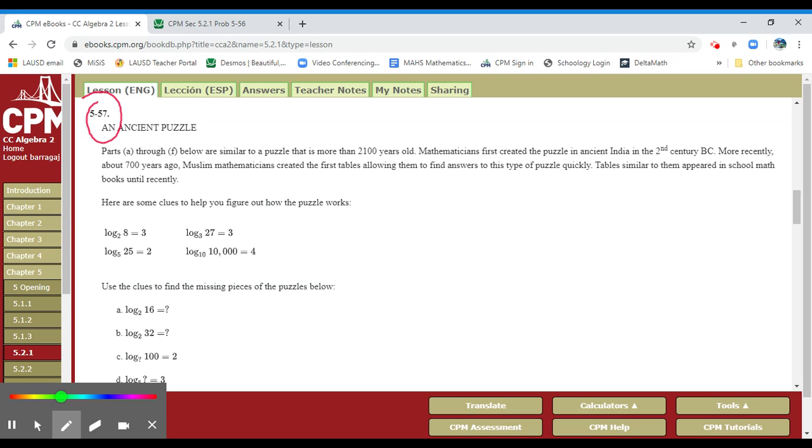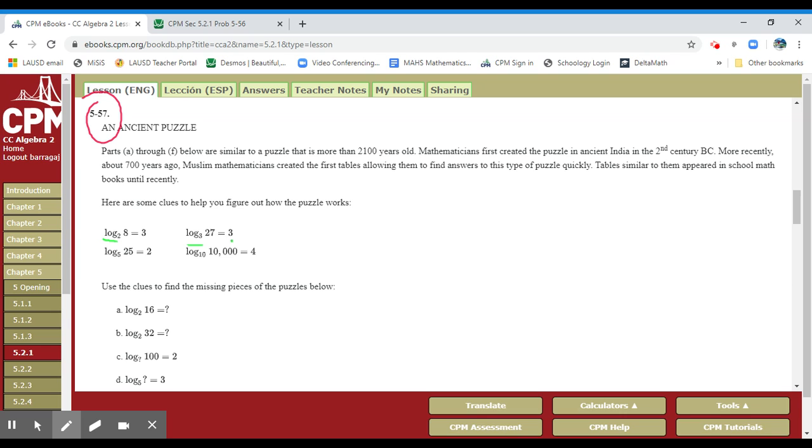So what do they mean by this word log? We haven't seen this before. Well, let's take a look. Log base 2 of 8 equals 3. What do they mean by this? Log base 3, where the base is the small number down there, of 27 is 3.